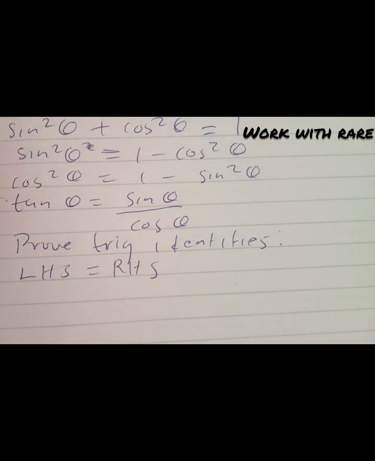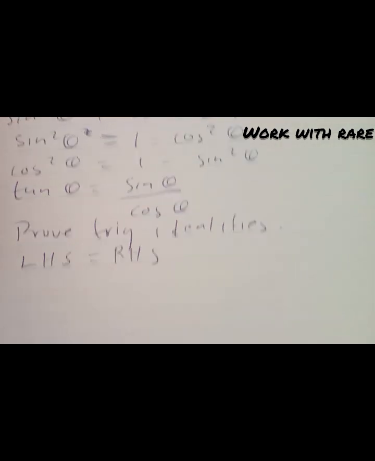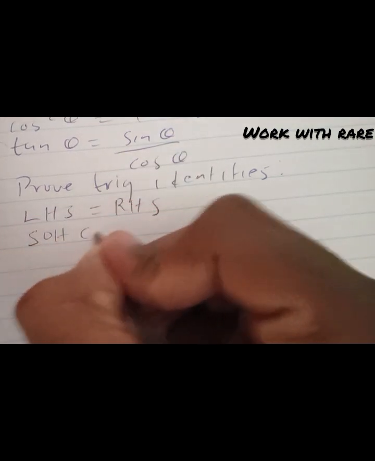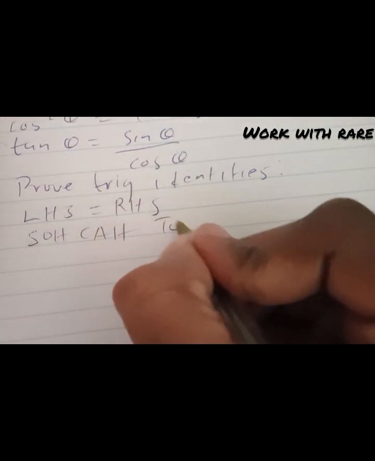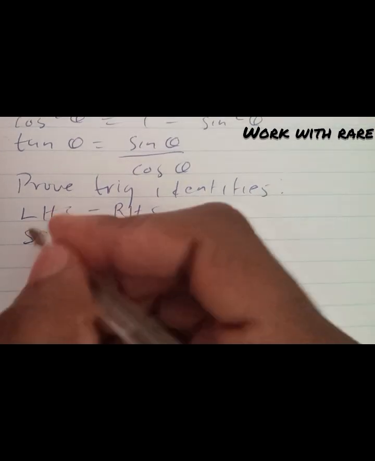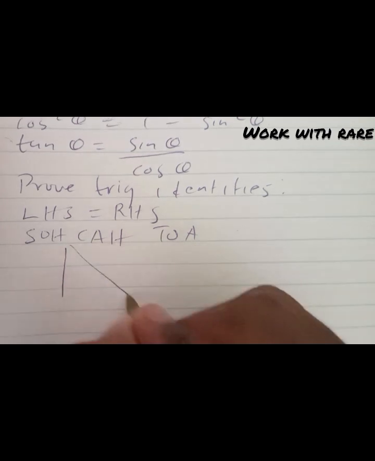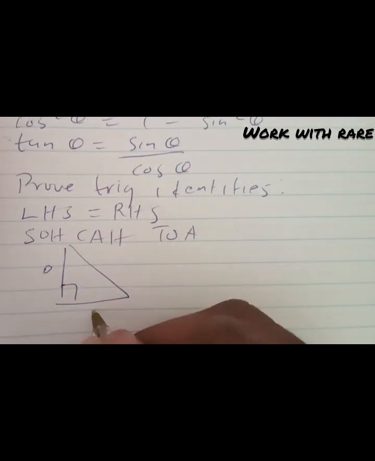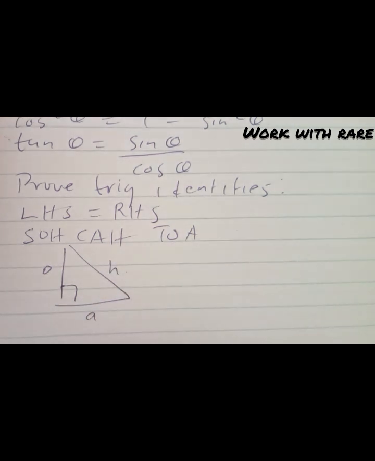And the other thing that you should know is trig ratios. I hope you all know trig ratios. Remember, in a right angle triangle, this is our opposite, this is our adjacent, and this is our hypotenuse.